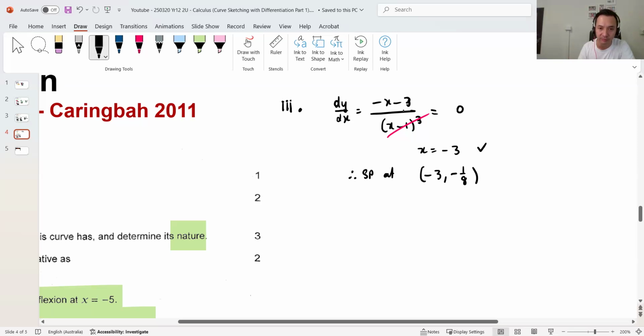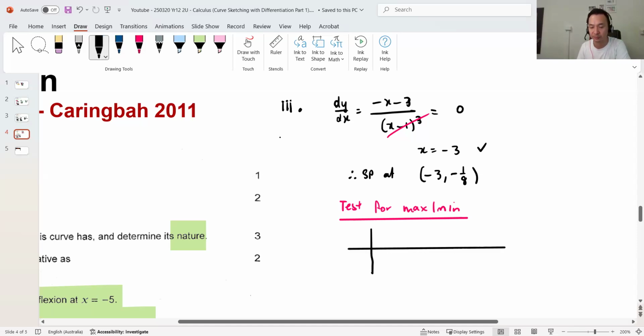Now, determine nature, so test for max and min. Even though they gave me a second derivative in the next one, I don't want to differentiate this to get the second derivative, so we're just going to use the table method, because if it was too difficult to differentiate, I'll use the table method.